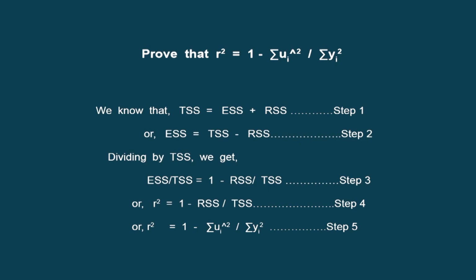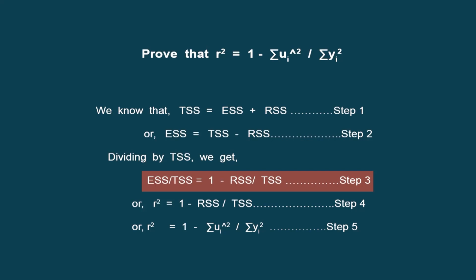So as we can understand, total sum of squares is basically the summation of ESS plus RSS. Already this is step 1. On the basis of that, we can figure out the fraction of explained sum of squares. Now we divide by TSS in the entire equation. So after dividing, we are getting an expression which is ESS by TSS, which is none other than the coefficient of determination, because TSS by TSS is 1, and we have the ratio of residual sum of squares, which is RSS, divided by TSS.